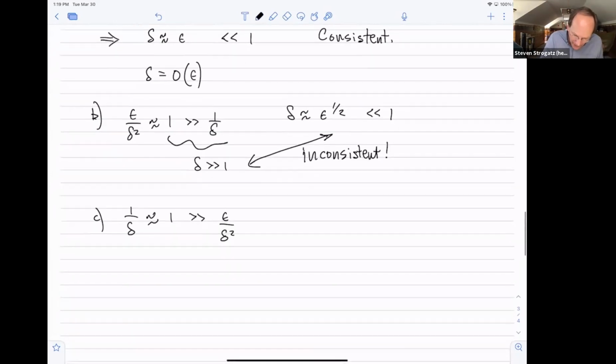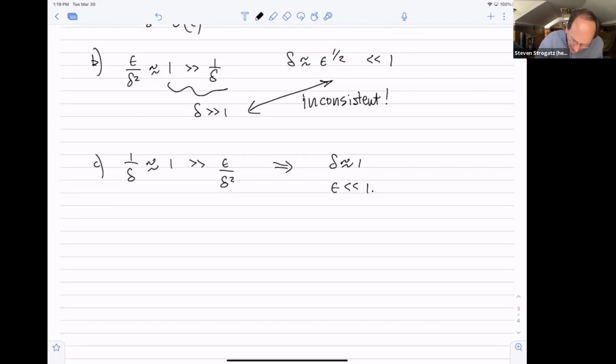If we did that, that would be saying from the first approximate equality that delta is of order 1 and that epsilon is much less than 1. Now that's okay. That is reasonable. Epsilon is much less than 1, but saying delta is approximately 1 means you're talking about the outer solution, not the inner solution. A scale of delta being 1 is what's happening in the outer region, not in the layer. So what you've just done here is recovered the outer solution, and we're not interested in that at the moment.